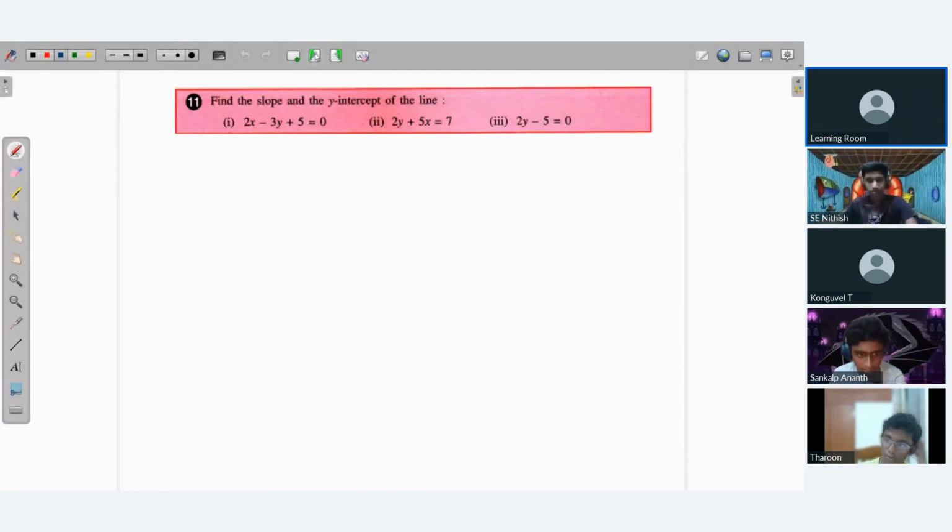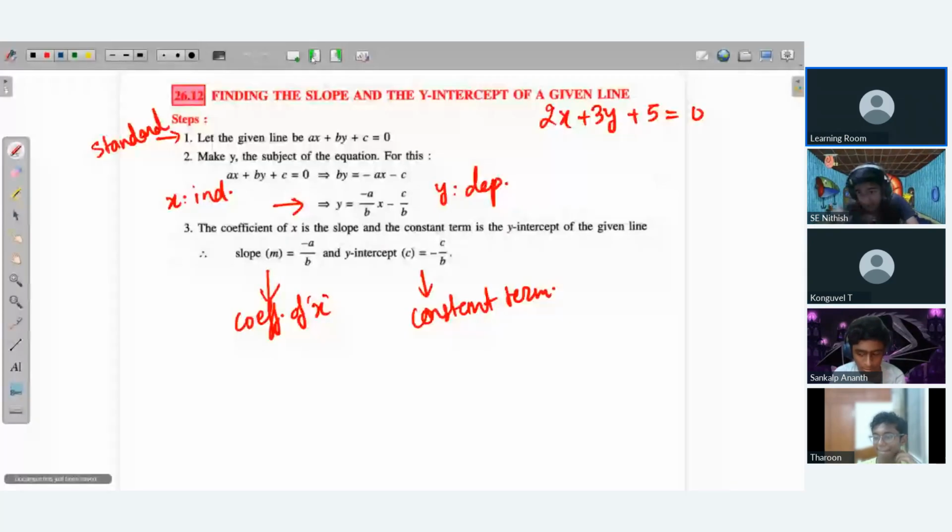There are 3 steps. First, bring the line to standard form. Then make it in such a way that y becomes the dependent and x becomes the independent variable. This format will give you both the slope as well as the constant term.